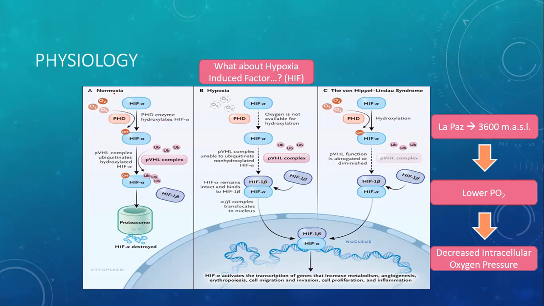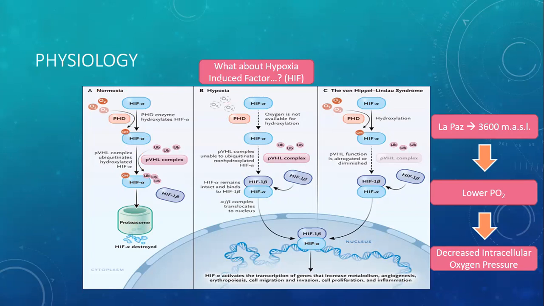So when we have normoxia, so the concentration of oxygen is normal, this enzyme is in charge of destroying the HIF alpha. So it is always in lower concentration because it is destroyed when there is normoxia.